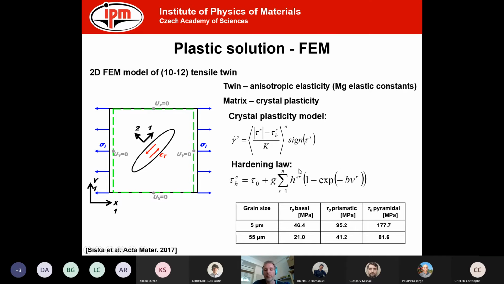From the hardening point of view, as we didn't have the possibility to fit all the parameters, we simply supposed that there is no hardening, so the material behaves like perfect plastic.